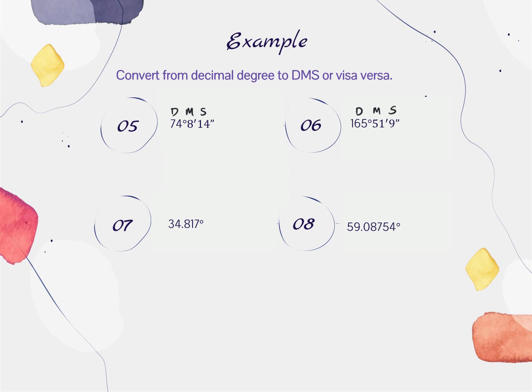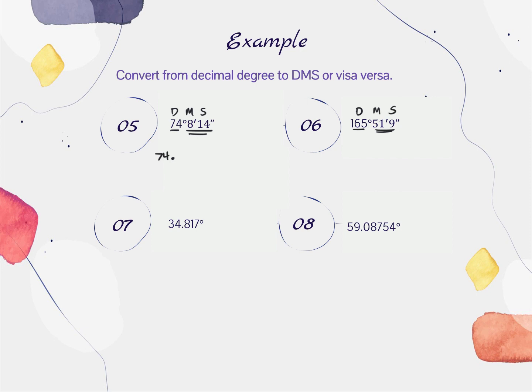Now, how you solve it is this. First of all, you take the degrees as they are, and that's going to be in your decimal, because you're going to convert this to decimal. That's going to be the whole number. It's going to be 74 point something. The minutes and the seconds are what you're going to convert to the right side of the decimal point, okay? And how we do it, I'll show you how simple it is.